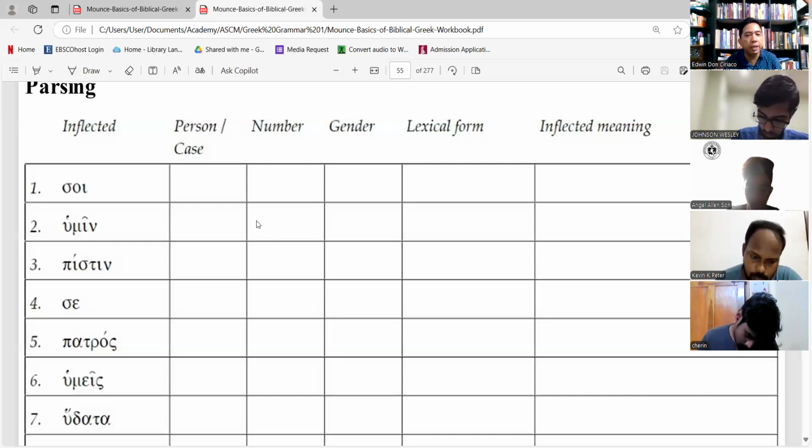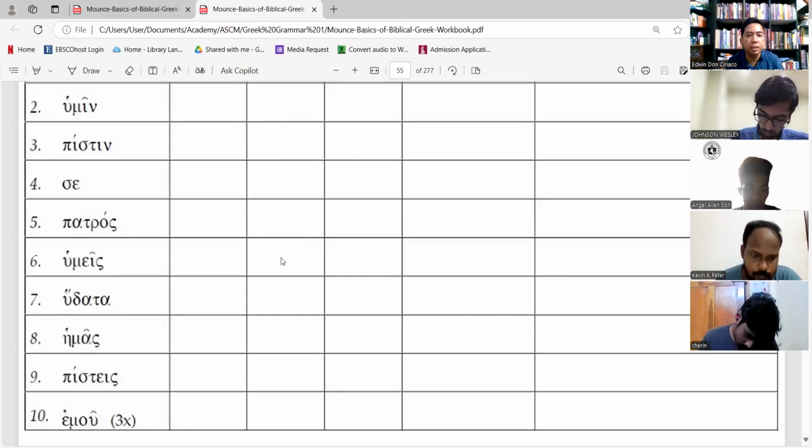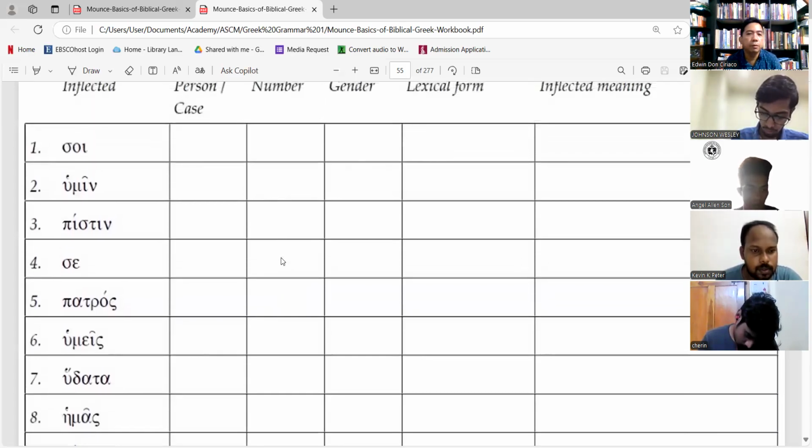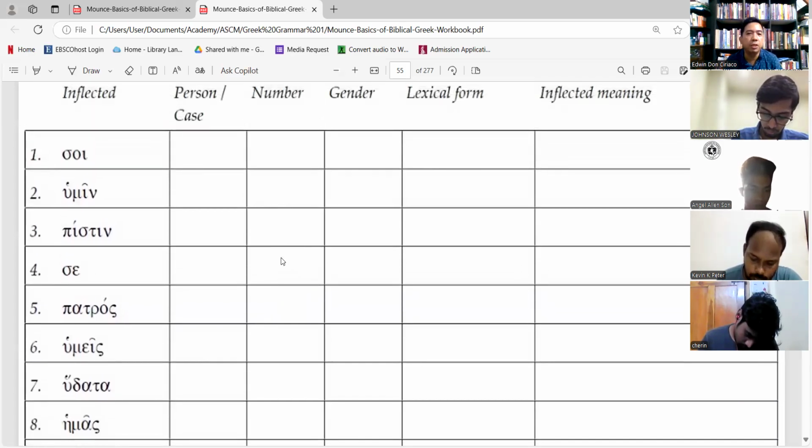And then se is the accusative, okay? Accusative, singular, masculine, lexical form is su, sigma upsilon, and the inflected is still you in the accusative form.